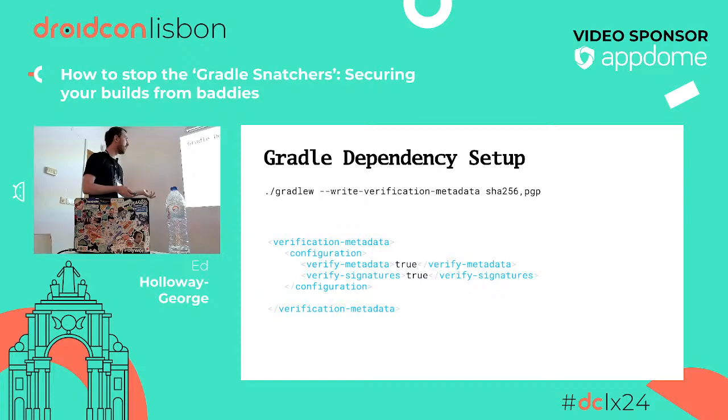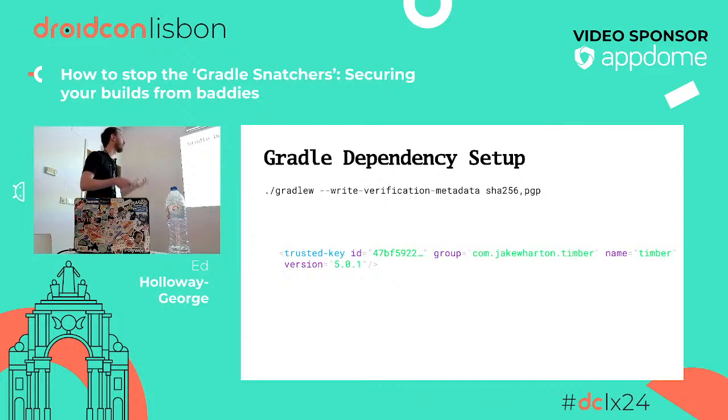What this does is very similar to what we saw before. It turns on the specific flag in your config, and then you also get a list of trusted keys. These trusted keys are essentially IDs and hashes of the keys that have been pulled down locally and then compared against the library author. So in this case, this ID references Jake Wharton.